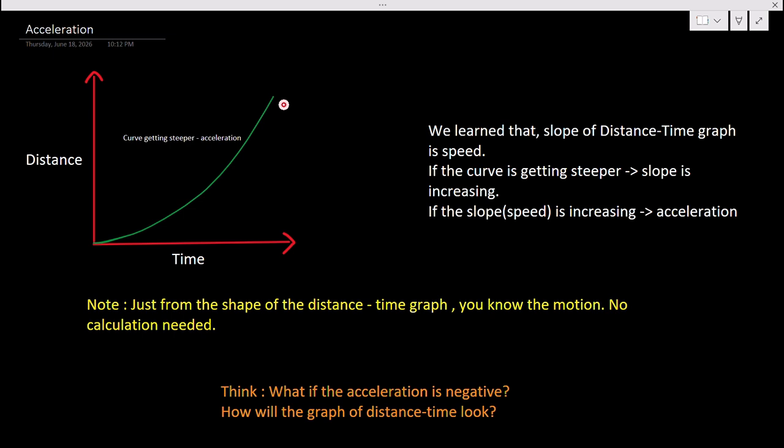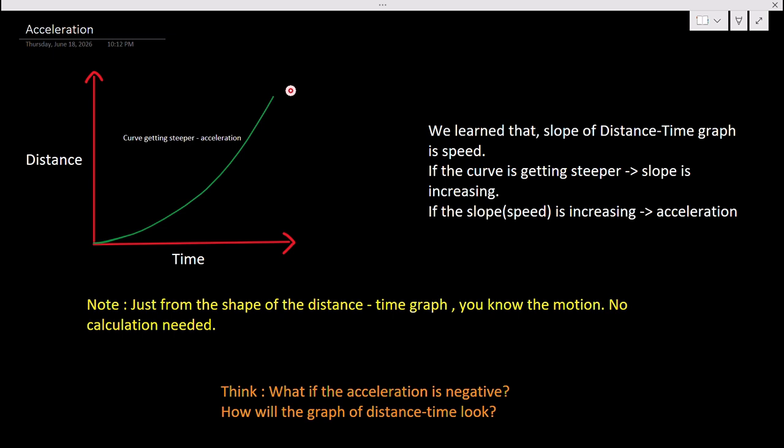Now, there is one point to think. We thought about this graph, but what can be more in a distance time graph? If you can think of any other option, let me know in the comments. We discussed that the slope is positive, so the acceleration is positive.